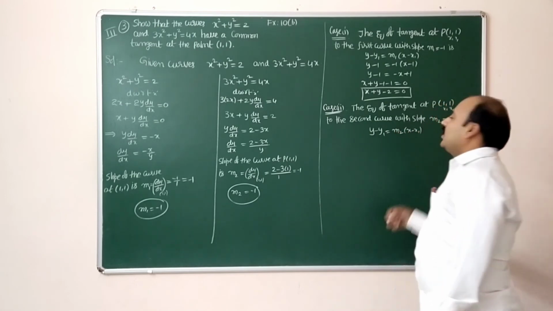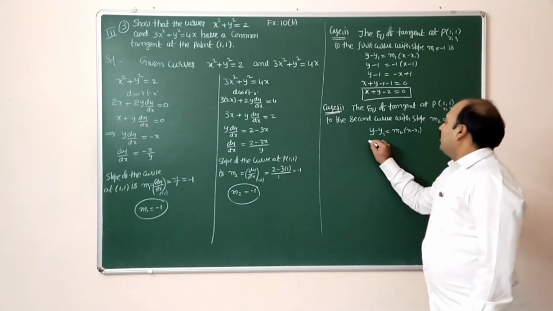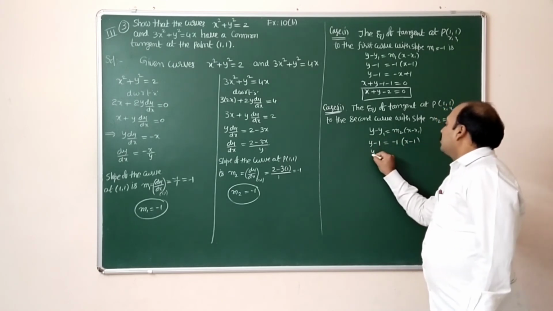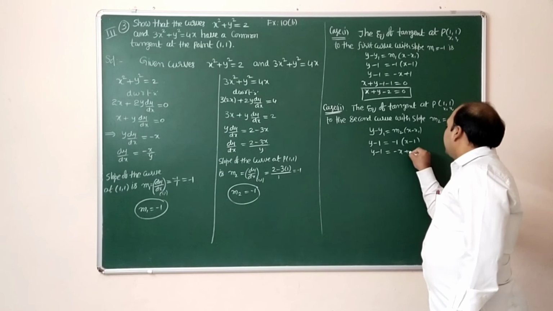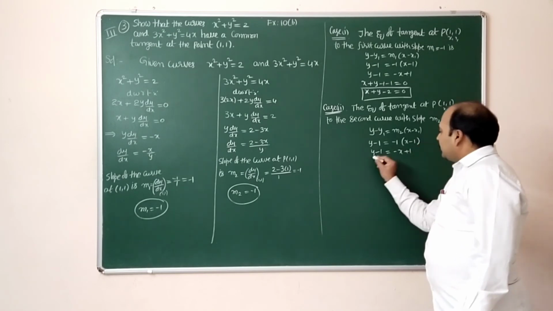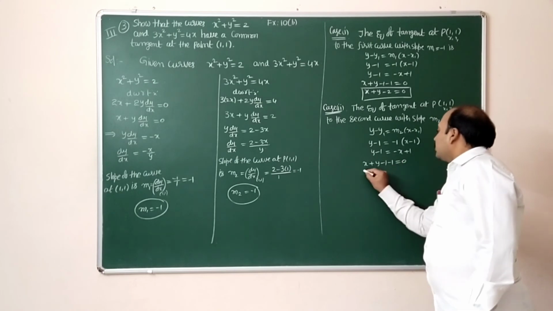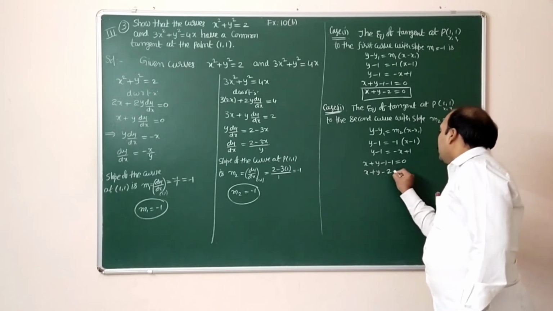Second curve slope we have taken as m2. So y minus 1 equal to minus 1 into x minus 1. So y minus 1 equal to minus x plus 1. These values we can take this side, x plus y minus 1 minus 1. So x plus y minus 2 equal to 0.